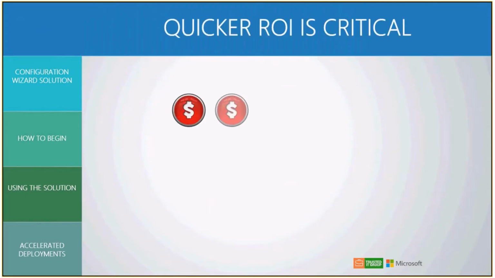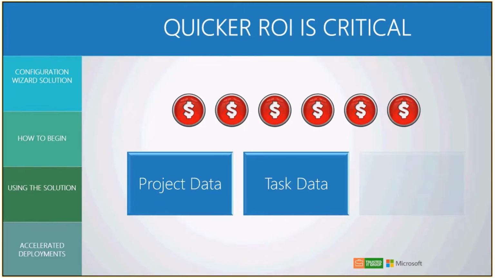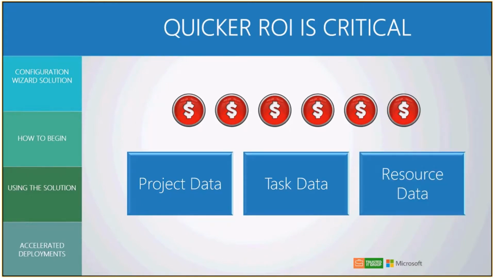The configuration wizard addresses the very key need that quicker ROI is critical. When you purchase your Project Online licenses and you know that you need to get up and running with a solution, you need to be able to realize this investment sooner.